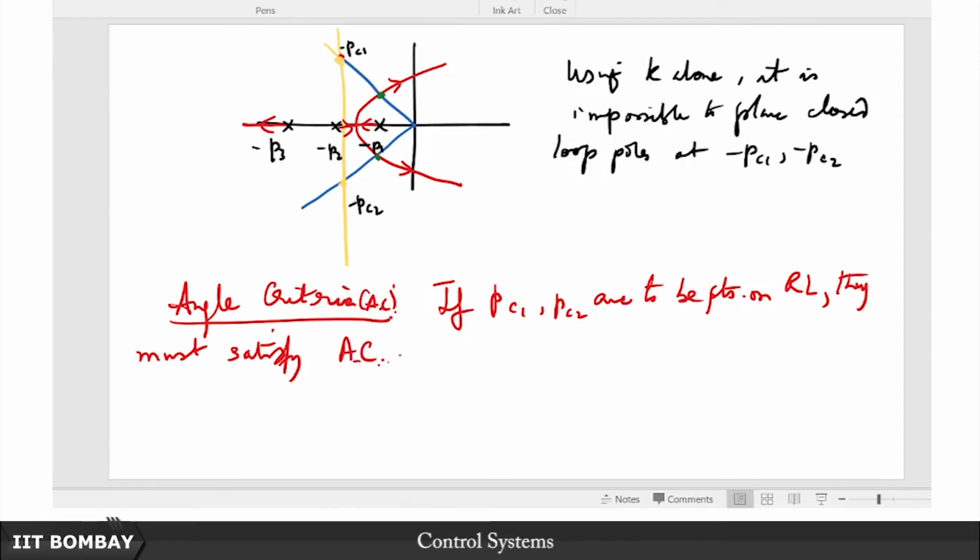So they must meet the angle criteria. So if they want to meet the angle criteria, what do I need them to do? I need that at this point, the angle subtended by this and the angle subtended by this, clearly they will be inadequate because the uncompensated system does not satisfy the root locus angle criteria here.